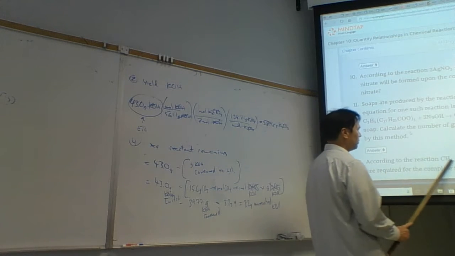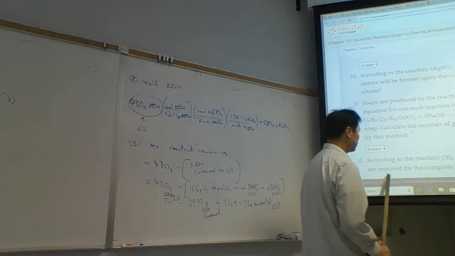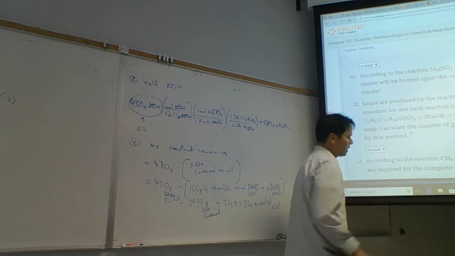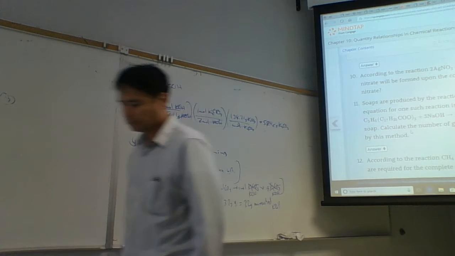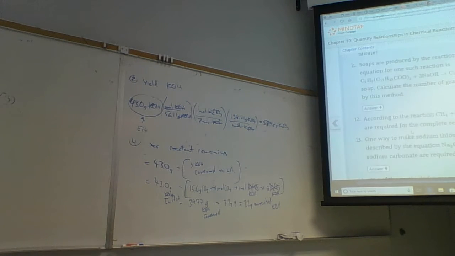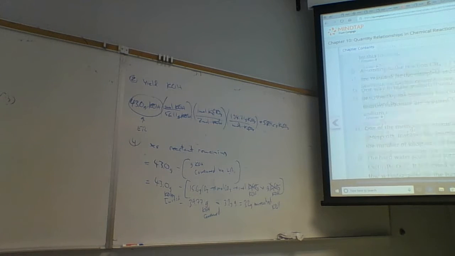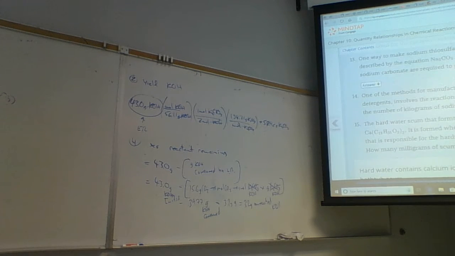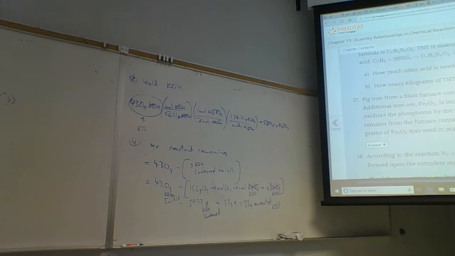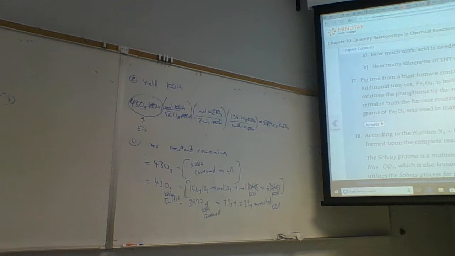Over here, according to the reaction, how many grams of carbon tetrachloride are required for a complete reaction? These typically we don't worry about limiting reactant if we're only given one ingredient. We assume the other is in excess or just the right amount.